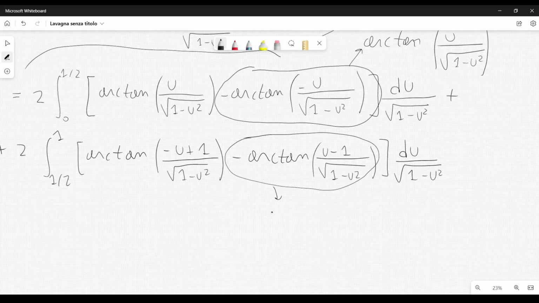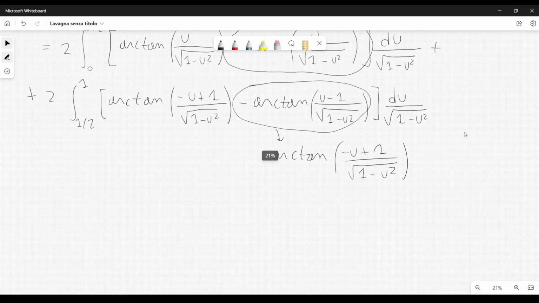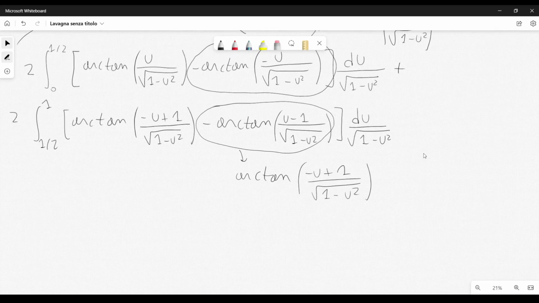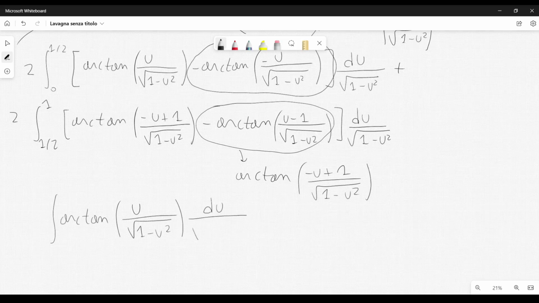So this is arctangent of minus u plus 1 divided by the square root of 1 minus u squared. And therefore we have to calculate 2 integrals. One integral is the integral of arctangent of u divided by the square root of 1 minus u squared, and then we also have du divided by the square root of 1 minus u squared.